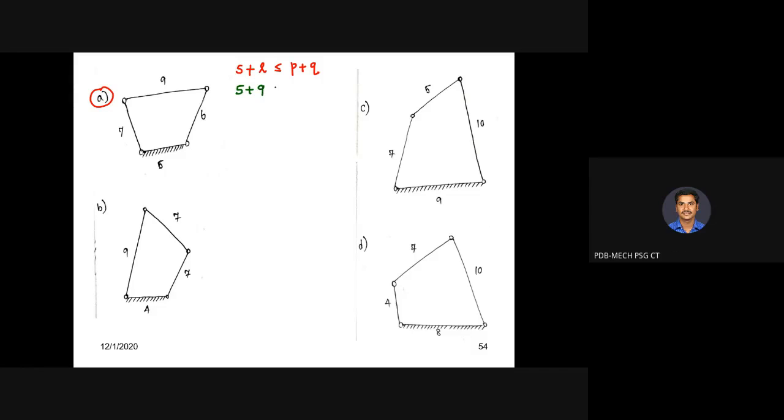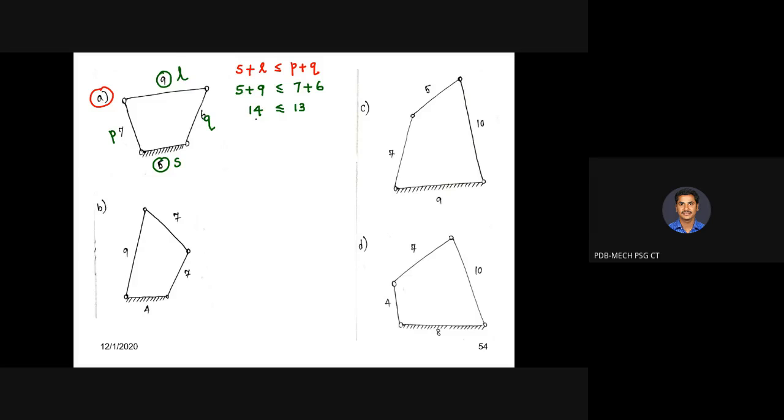So 5 plus 9 should be less than or equal to P plus Q, the other two links, 7 plus 6. So 5 is the smallest and 9 is the largest. Let 7 be P and 6 be Q. Check whether this condition is satisfied or not. So it is 14 less than or equal to 7 plus 6, 13. So the condition is not satisfied, correct or not?